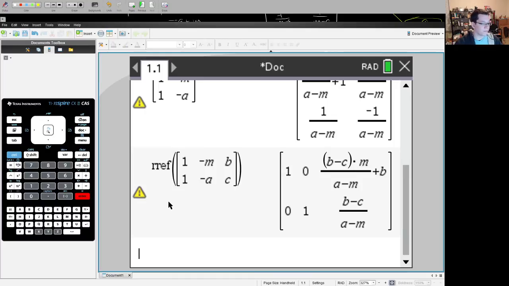Boom. And that's yet another way to write the same thing that we've written. So I hope that you will take my word for it that this is correct. And we can use this one thing in the calculator to solve a system of equations.